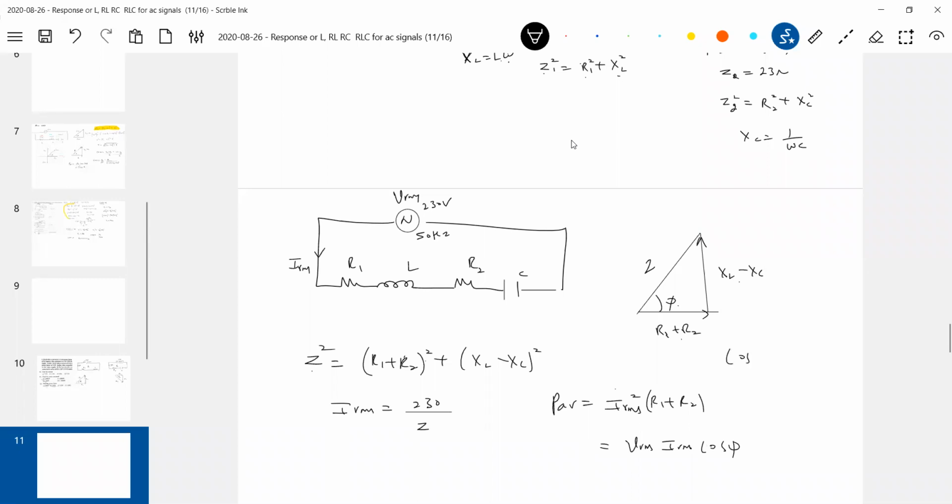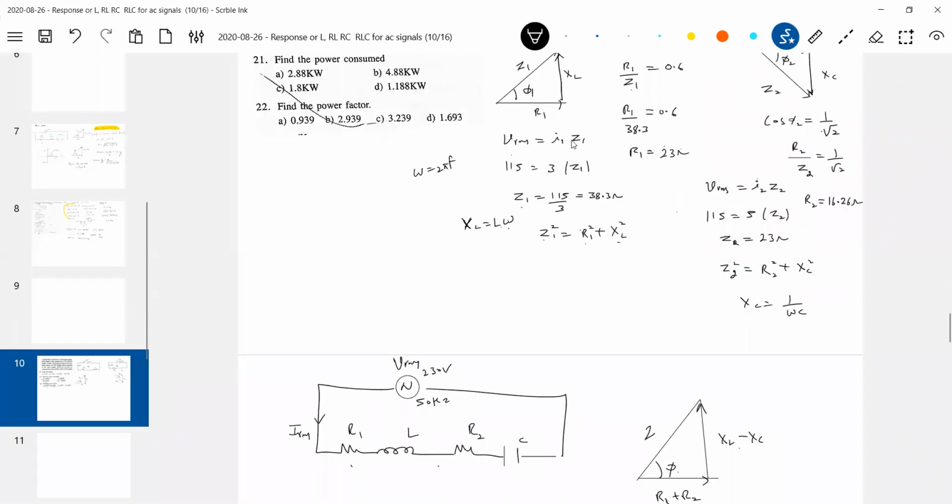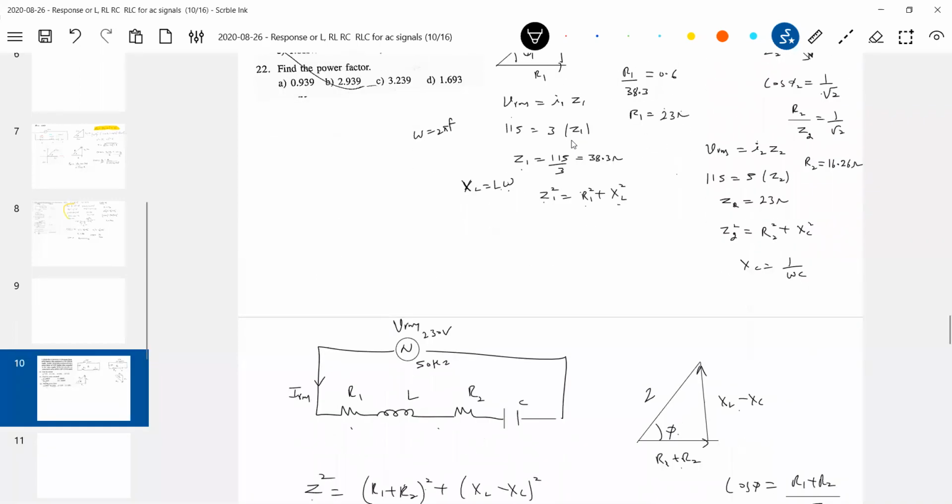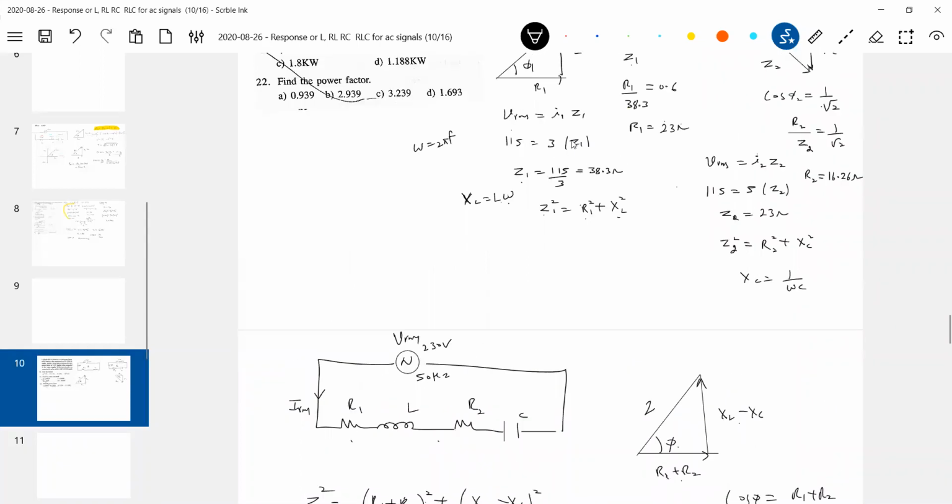You should calculate from here. It's left to you. To save time, this is the best now. Already you have IRMS and you know R1, R2. You'll get the average power. Power factor of the circuit, what is it asking? Cos phi only. So these are the types of numericals that will be available for you.